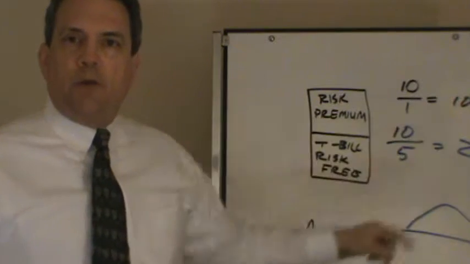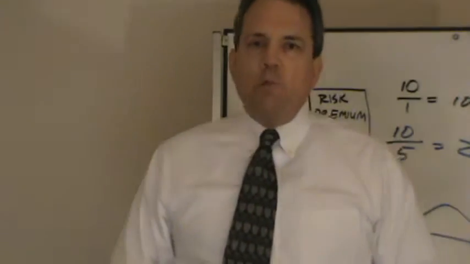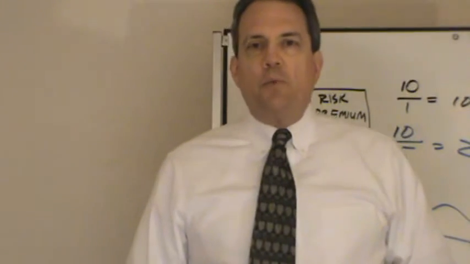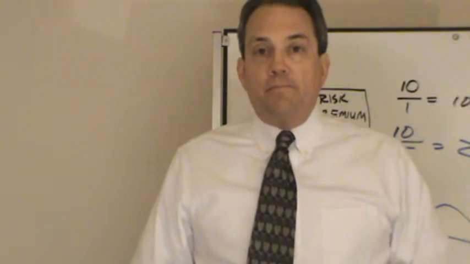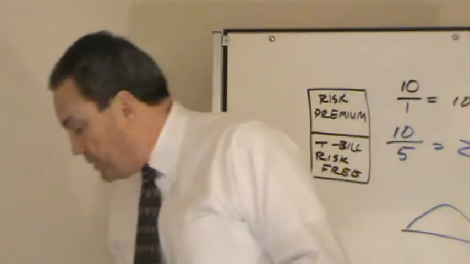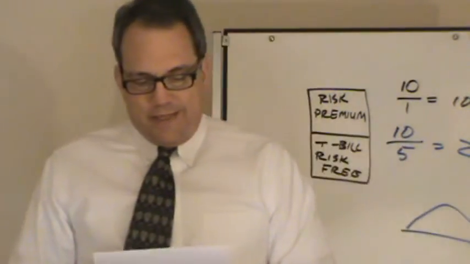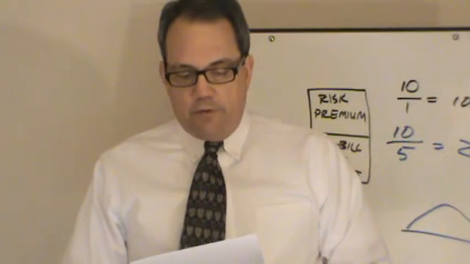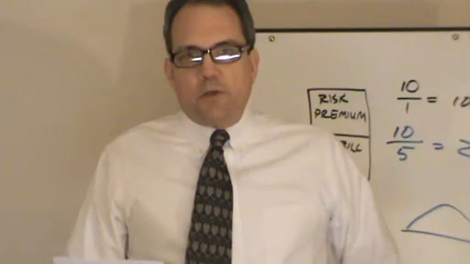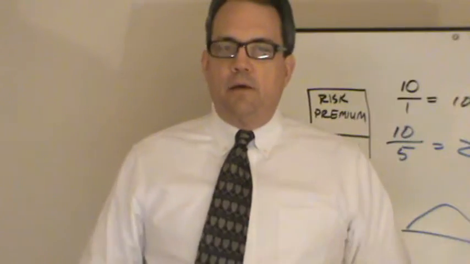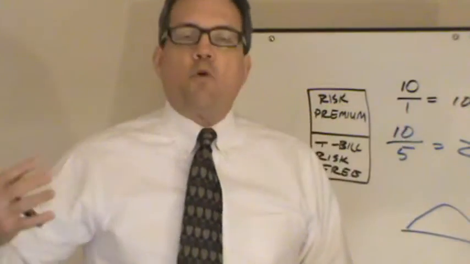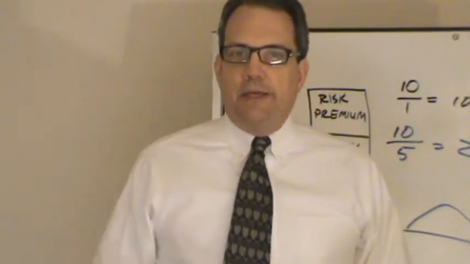So the Sharpe's ratio measures the amount of bang we get for the volatility buck that we have to pay. Basically that Sharpe's ratio is the risk premium divided by the volatility of that actual investment. Higher is better. It means we're getting the most performance out of the least volatility.